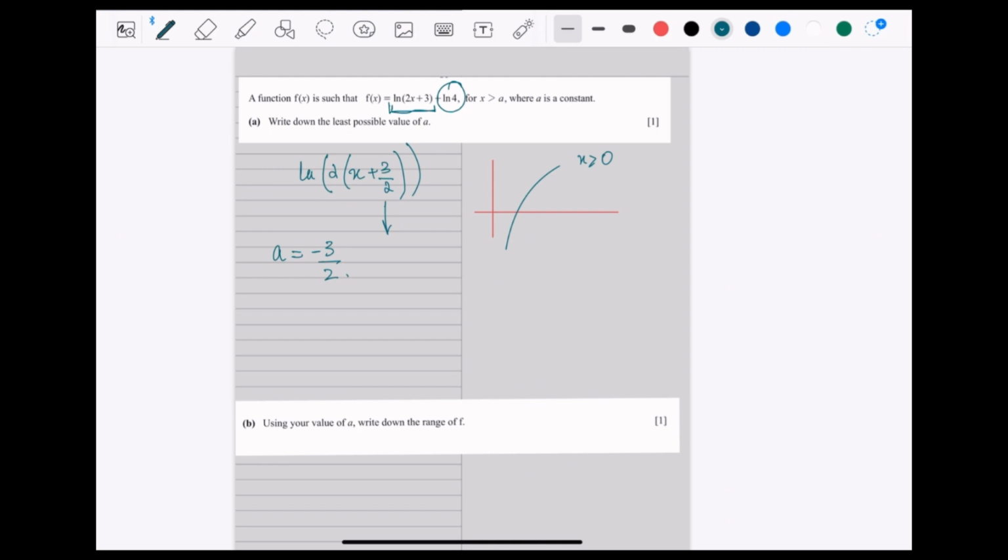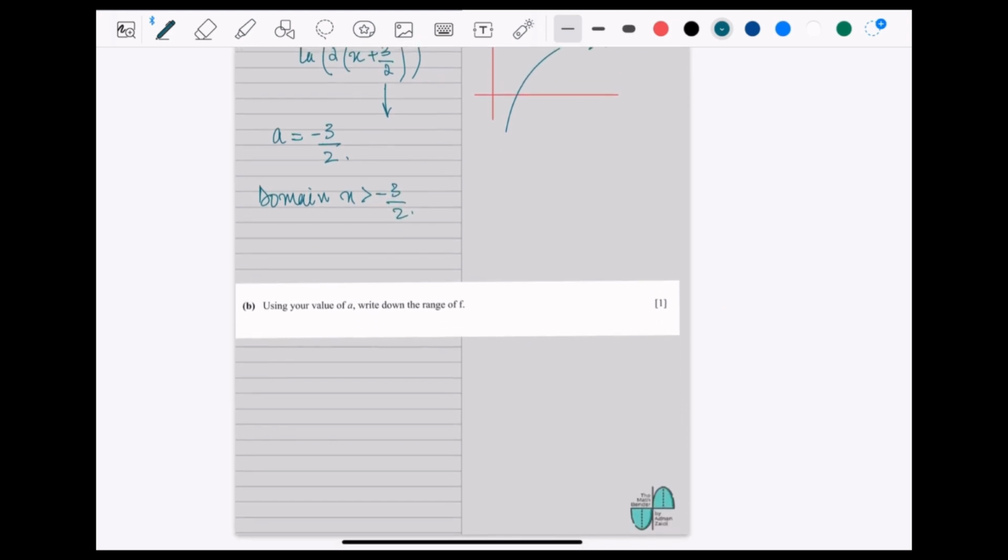The domain is x is greater than negative 3 over 2. The range of the curve is pretty straightforward. So f belongs to the real numbers.